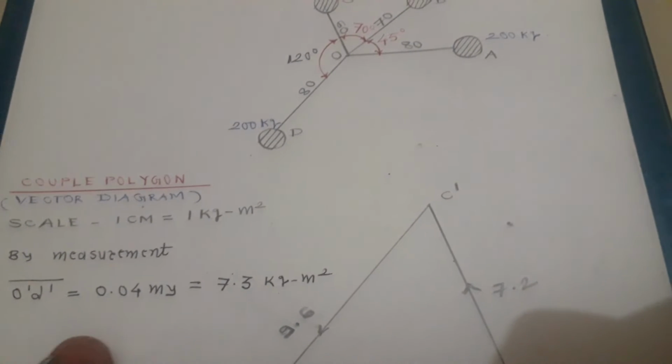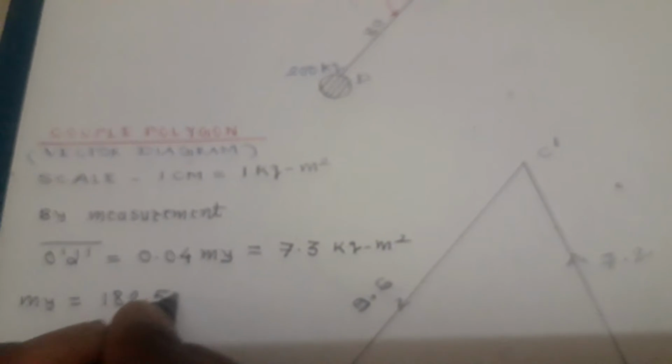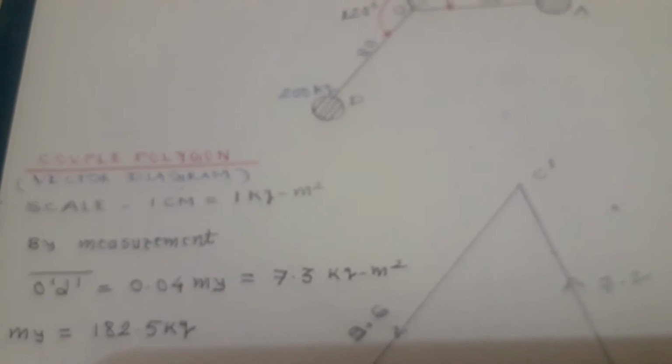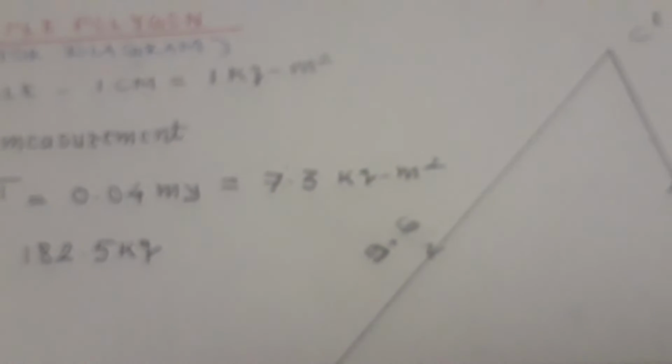Now if we solve this, we get the mass at the plane y, which is equal to 182.5 kg. This mass should be placed with a radius of 100 millimeter.